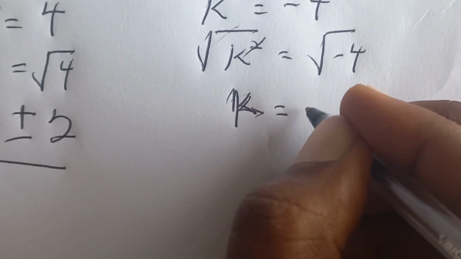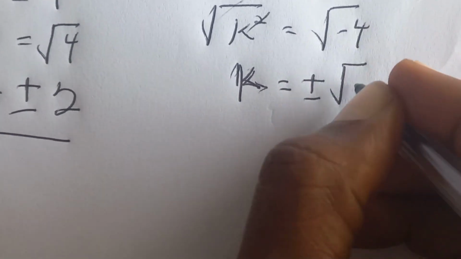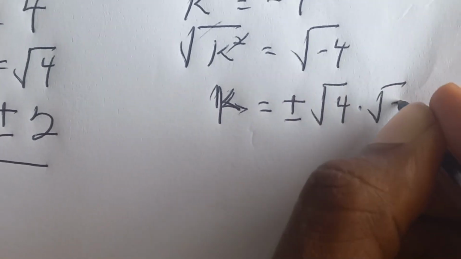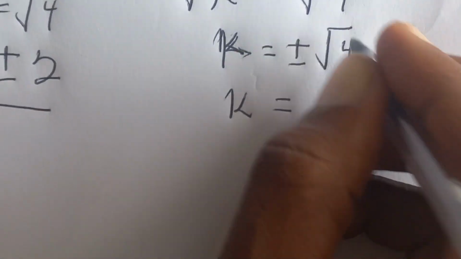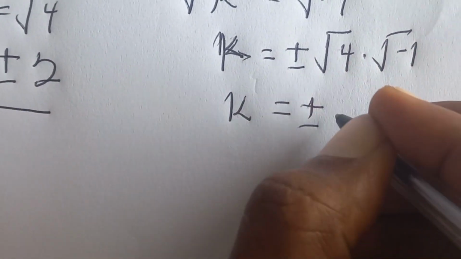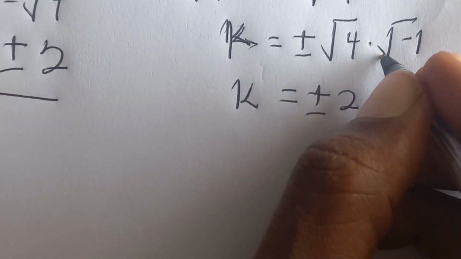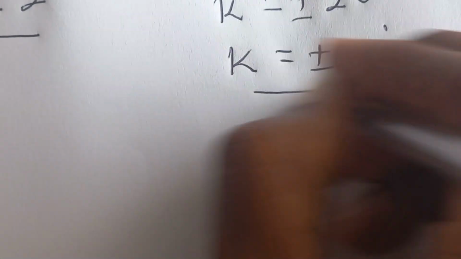So we can rewrite it as plus or minus square root of 4 multiplied by square root of negative 1. So our k is equal to square root of 4 is plus or minus 2. Then square root of negative 1 is i. So now our k is equal to plus or minus 2i.